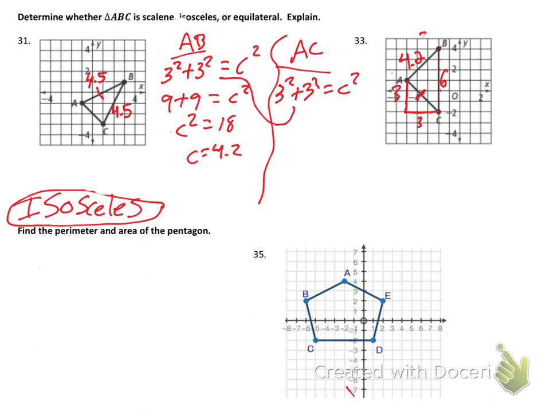And look at this again, same equation. So that means at the very end, it's going to be C is equal to 4.2. So what that would mean is that AB is equal to 4.2, AC is equal to 4.2, two sides are the same, so it's going to be isosceles.